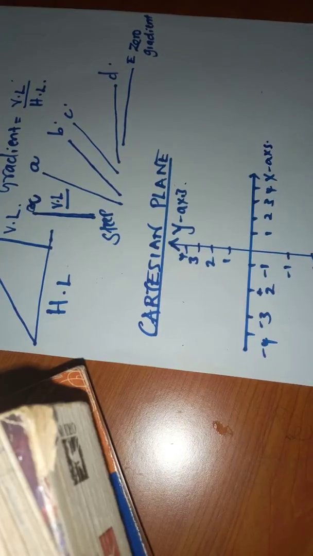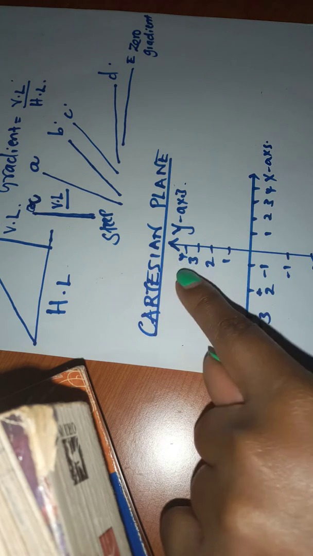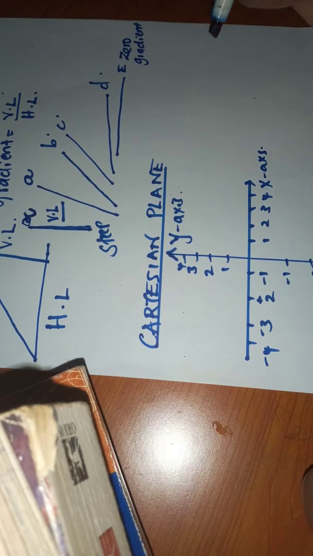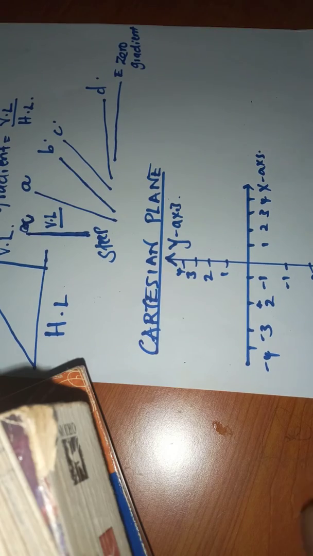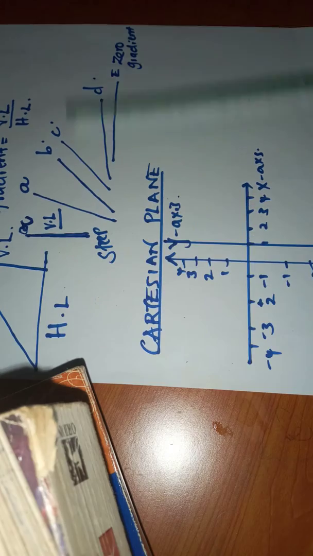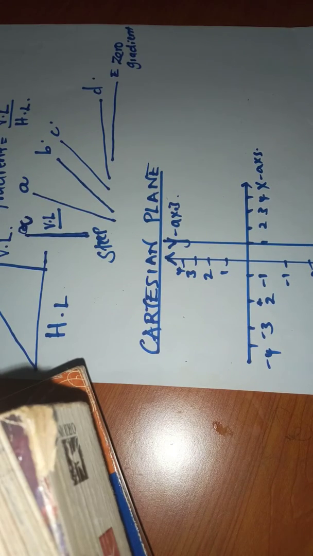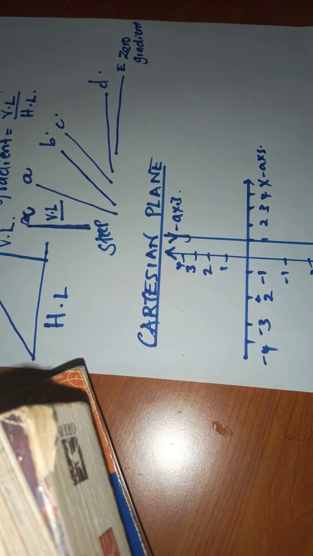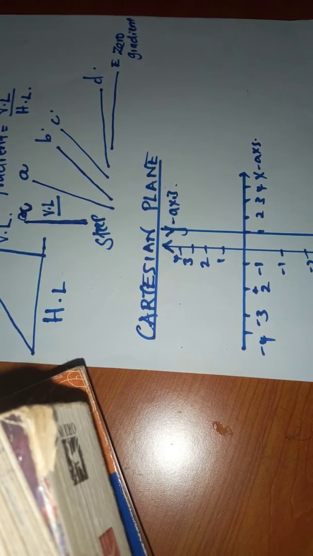When it comes to the Cartesian plane, we have different lines, and those that are parallel to the y-axis, like the line I'm drawing right there, have an infinite or undefined gradient. We cannot say it's steep.